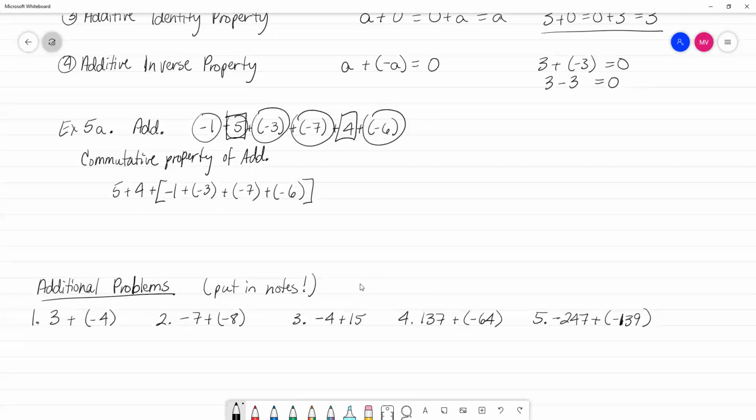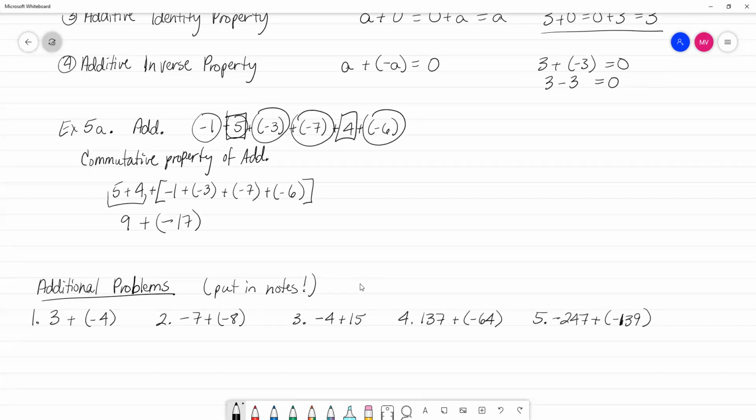So 5 plus 4 is 9, and then what I have inside here is really a negative 1 plus 3, which is 4, 4 plus 7 is 11, 11 plus 6 is 17. So I have 9 plus negative 17. All right, and then I use my rules for adding unlike signs, or different signs.